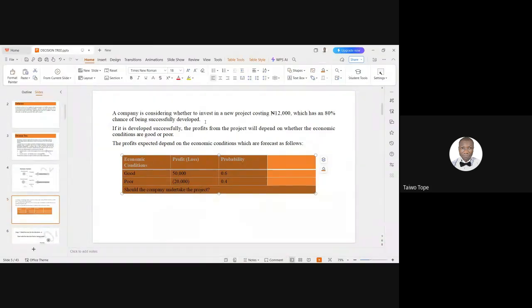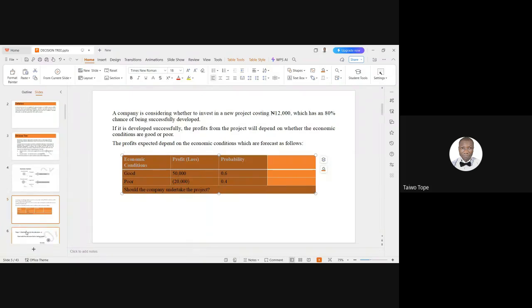Once you represent it in a decision tree, for you to come up with a decision, you solve backward. The condition with the highest expected value will inform your decision.